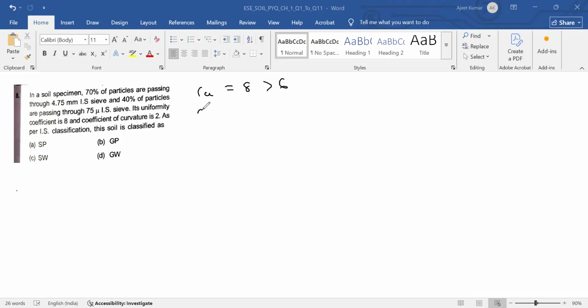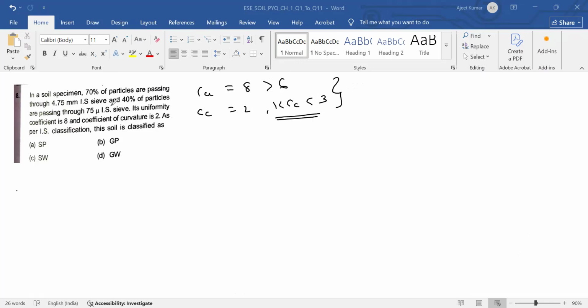And Cc is 2, which is in between 1 to 3. So this is the condition for well graded, and it will be sand or gravel?